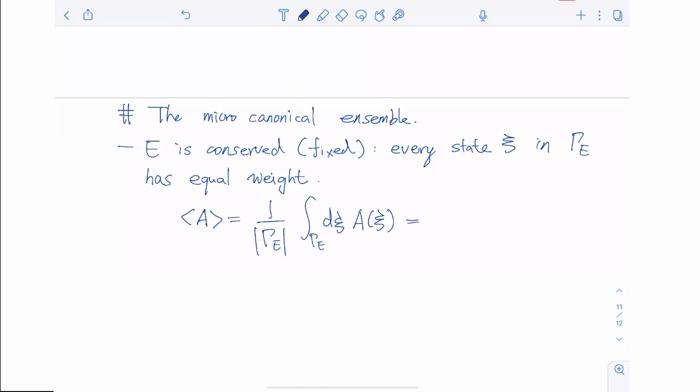Then that is the expectation value for the equilibrium value of observable A in the microcanonical ensemble.